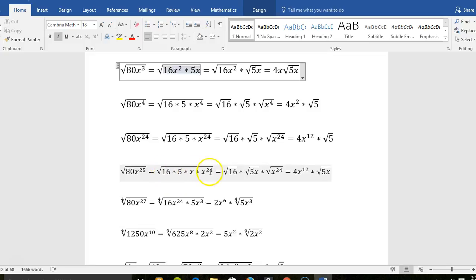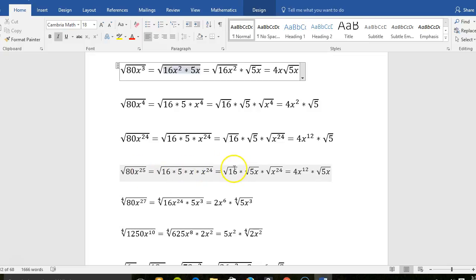Really, it would have been more economical to keep my x to the 24th right here beside the 16, which I could have done, but anyway. This is fine what I did here. So I got 16 times, the biggest perfect square that cuts 80 is 16, so 16 times 5. Now, I want a multiple of 2, which is just an even number, in other words. So I turned 25 into 24 plus 1.